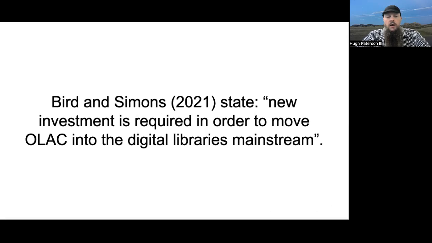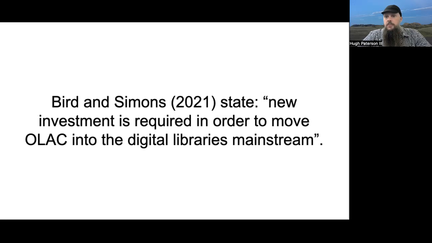And so I want to add to their statement with some specificity to help us grasp where we need to go, what we can do to further our community of practice in language resource stewardship, language resource discovery, and language resource archiving.